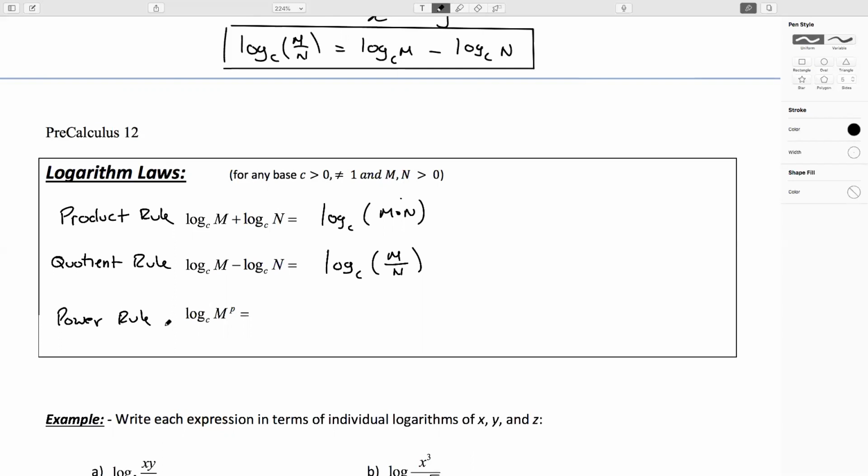Now, this is really why we use logarithms. This is the meat and potatoes, if you will, of this section. And it's this idea that if you have an exponent inside your logarithm, you can remove it and put it out front. So log base c of m to the p equals p times log base c of m.